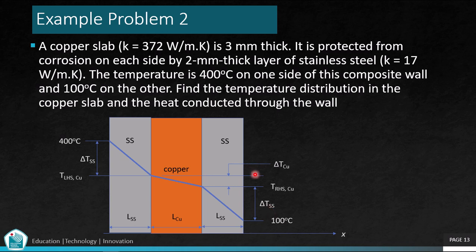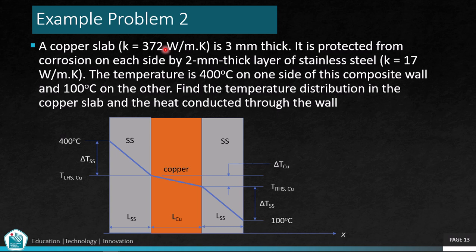So from this illustration, and also if we compare the thermal conductivity of these two materials, we see that the copper has the higher thermal conductivity than the stainless steel.